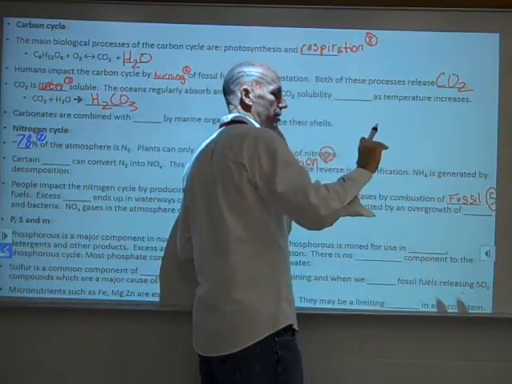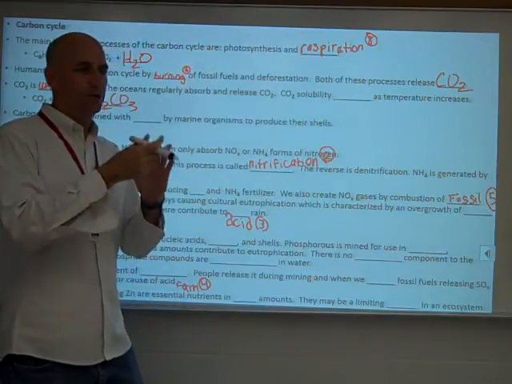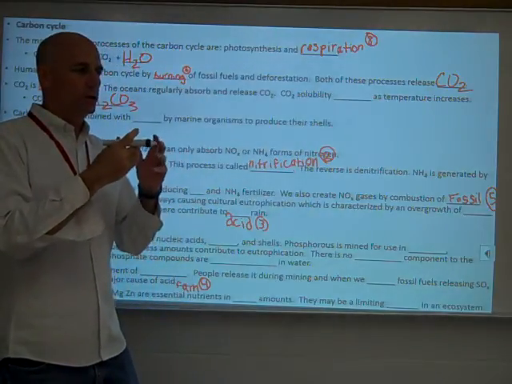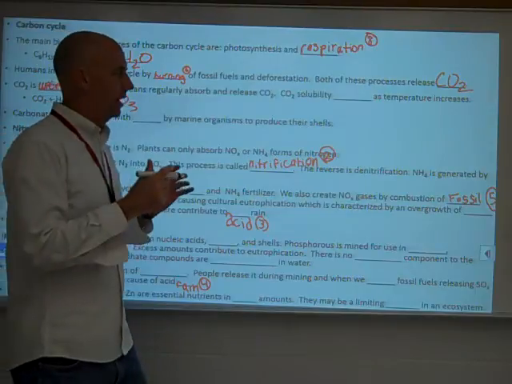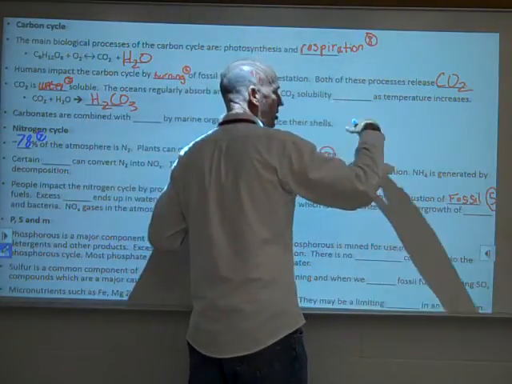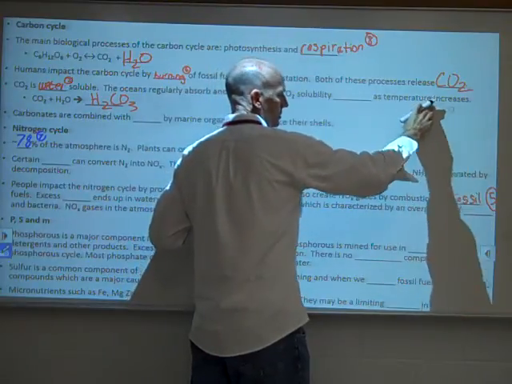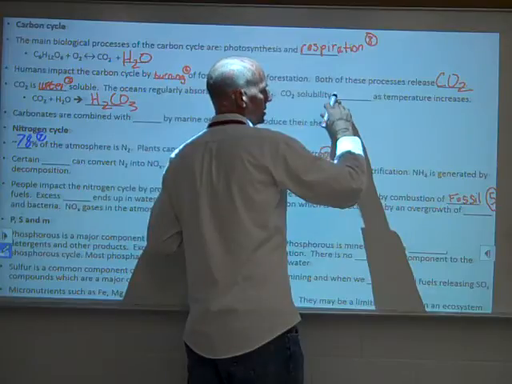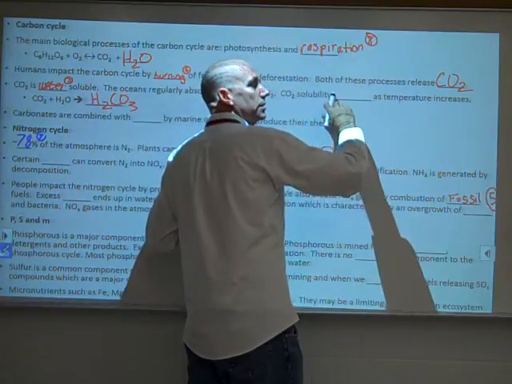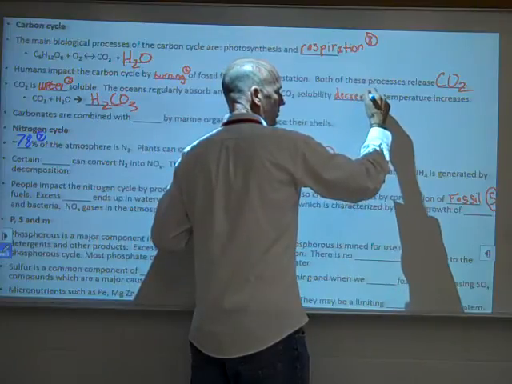Now, I'll tell you, when the soda bubbles, those bubbles coming out in the process of going flat, the CO2 is undissolving and coming out. So how soluble it is, how likely it is to stay in that solution, what relationship does that have with temperature? Does it decrease when it gets hotter, or does it increase? Decrease, very good. It's less soluble.